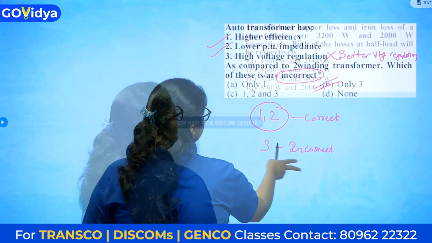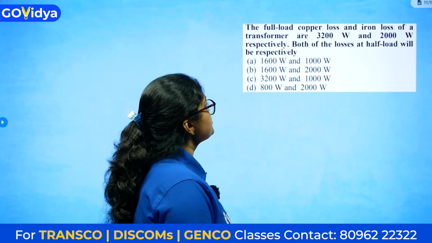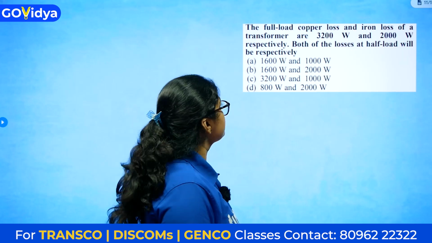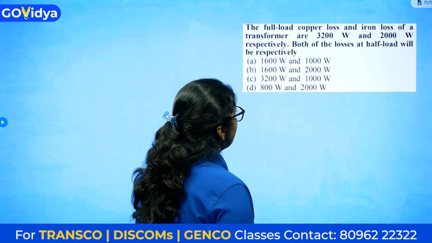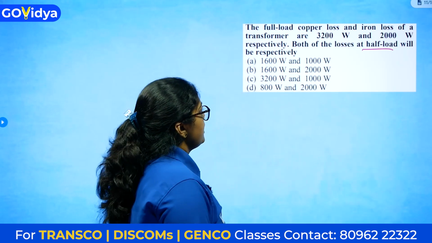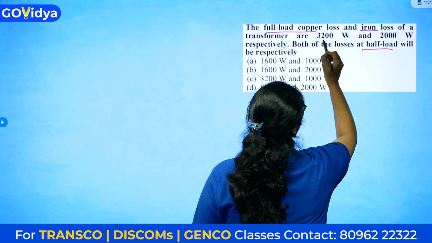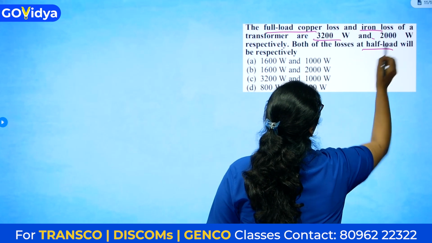Clear? Next question. The full load copper loss and iron loss of a transformer are 3200 watts and 2000 watts respectively. Both of these losses at half load will be, respectively? So in the question they have given the full load copper loss and full load iron loss.